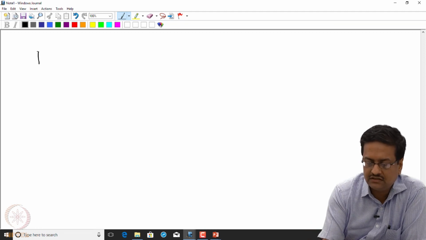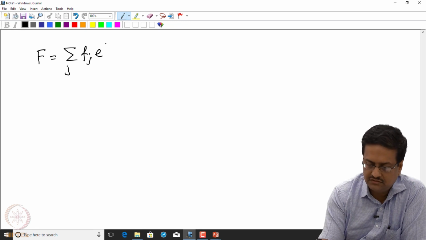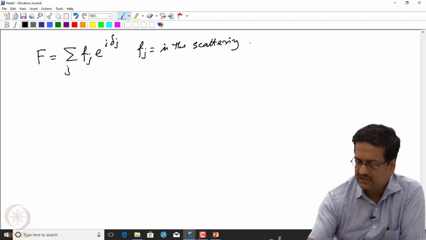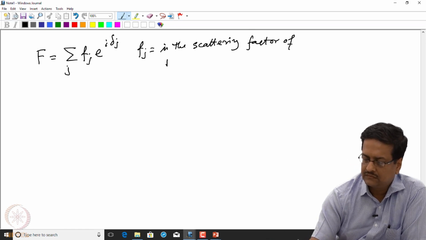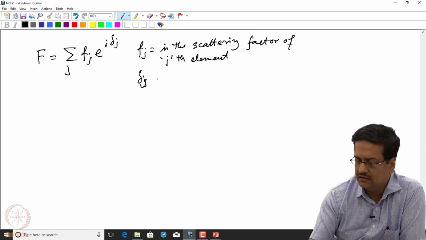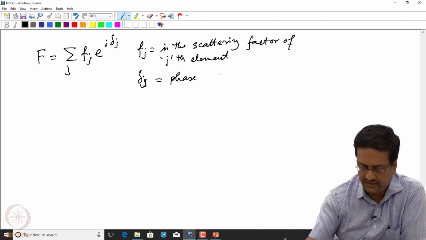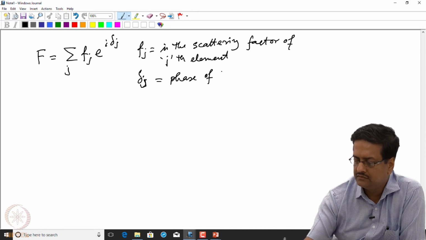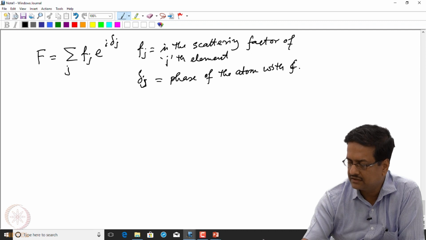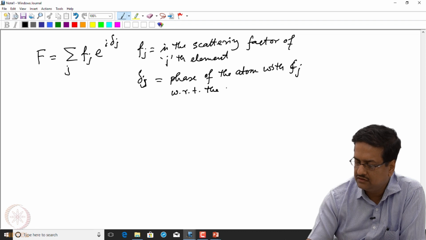So we can write the structure factor F is equal to sum over j f_j e to the power i delta_j, where f_j is the scattering factor of the jth element, and delta_j is equal to the phase of the atom with scattering factor f_j with respect to the origin.